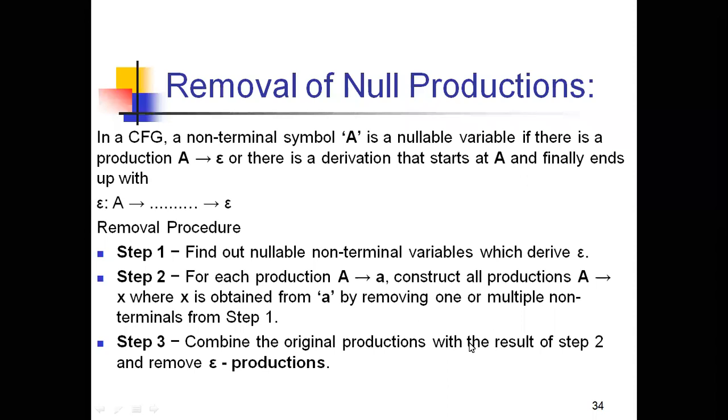Then you need to substitute, in the other productions where A is there, in the place of the variable, what A is deriving, and after that you need to eliminate that production. Up to that you need not eliminate that production, right? So these are the steps that we have for eliminating the null productions.